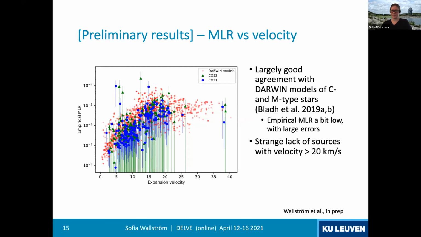Yeah, that is definitely on our to-do list to compare our data with previous results, but it takes a bit longer to do. This was a simple first step. So you didn't do that yet? No. That might explain why all of your sources end up at a lower mass loss rate, because the full radiative transfer models do overlap with the Darwin models, as I think Sarah showed in her results. Yeah, all right. I would expect them to. Okay, thanks.